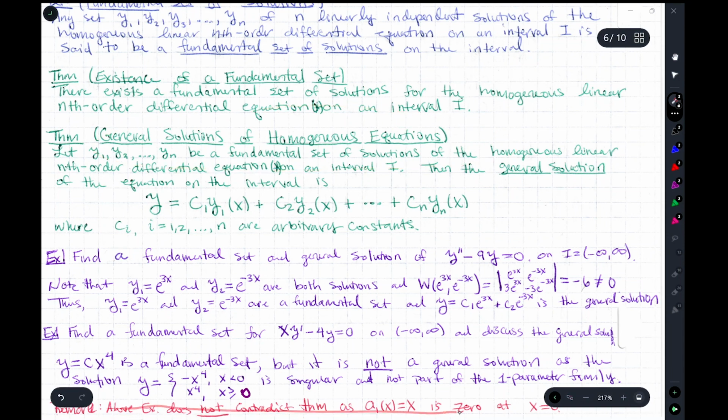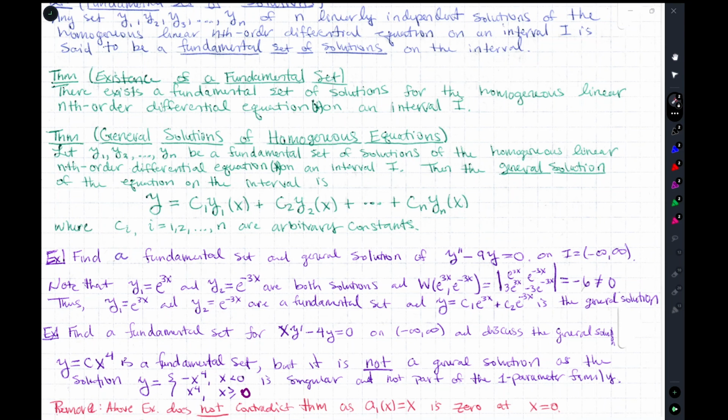But it doesn't, because why? Look at this. A1 of x is equal to x, and it's 0 at x equals 0. So that's what went wrong. Notice that this function gets split at x equals 0.